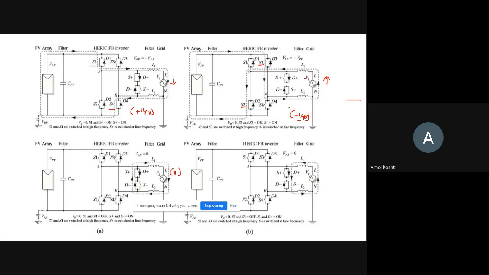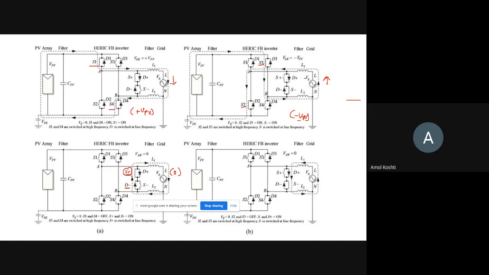And again, to produce a zero, the switches near the filter are turned on. Here S1 and diode D are on. Here it is referred to as S plus, and here as D plus; this one is referred to as S minus and D minus.